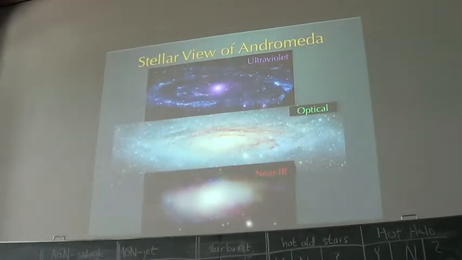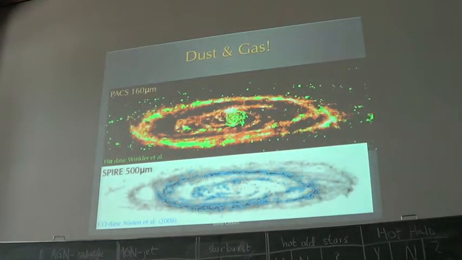We get the ultraviolet, optical, near-infrared nice and easily, out to large scale lengths. We can go far out in these objects. We get the dust, huge dust maps. We get all the ionized gas in H alpha. We get the cold dust. We get the CO. We can see every single part of the disk of Andromeda.